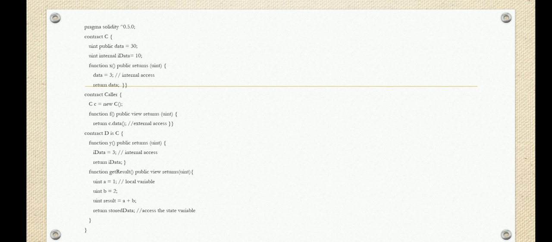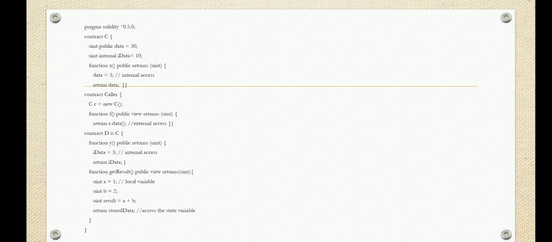Then you can see the contract called Caller. We are writing one more contract, named Caller. Within it we create an object for the contract C. Here, the syntax is contract name, object name equals new contract name. It's similar to creating an object in Java.